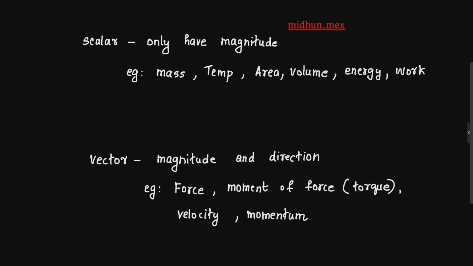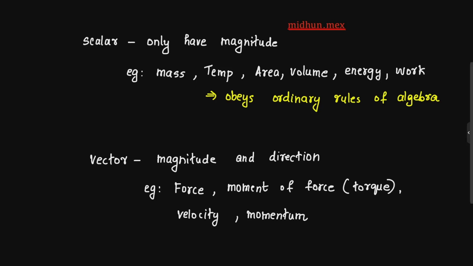For an example, I am going to say one thing. First I will say the definition. Scalar quantities obey ordinary rules of algebra, which means they obey normal mathematics only.